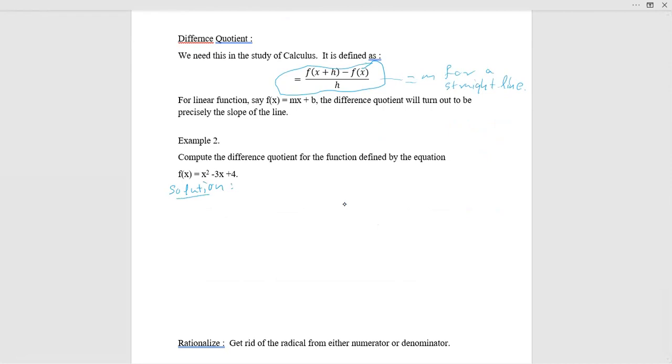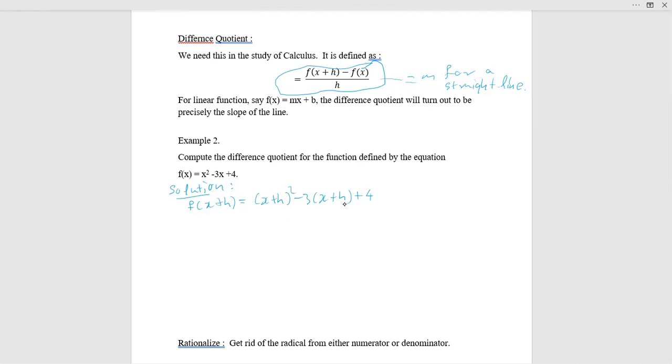Let's find f(x plus h). How do we find that? Substitute x with x plus h: (x plus h) squared minus 3 times (x plus h) plus 4.